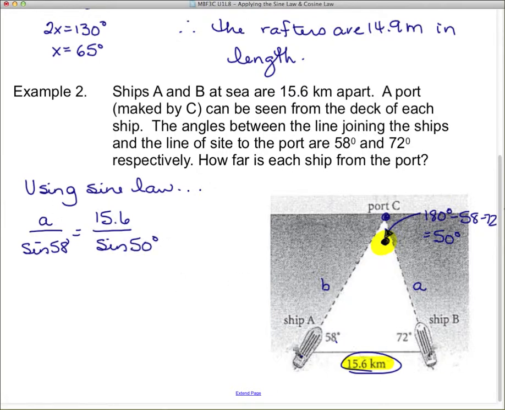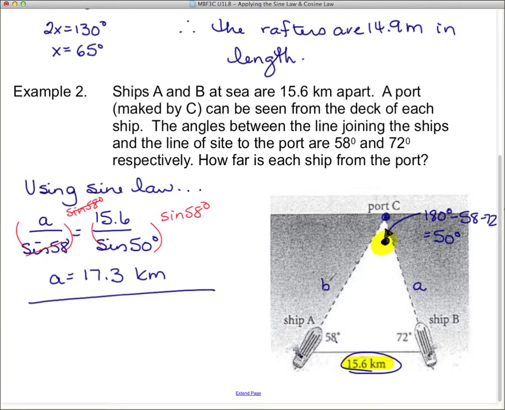To get a by itself, I'm going to multiply both sides by sine 58. Now these cancel, which gives me a by itself over here. And then I have to multiply this out. Now I'm not going to let you see me do that this time. That's 17.3 kilometers.